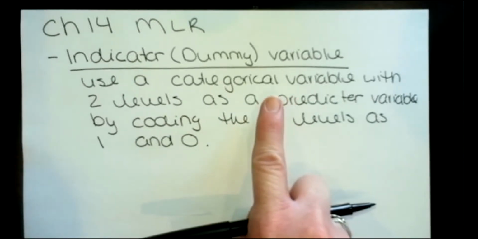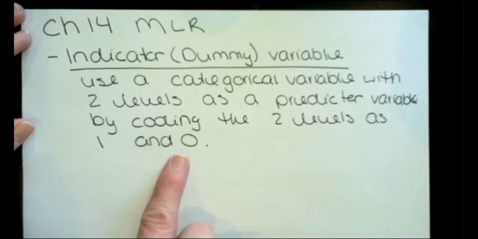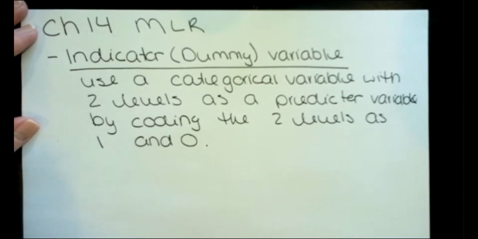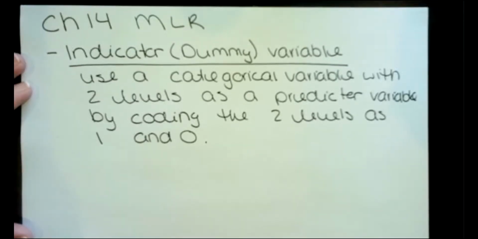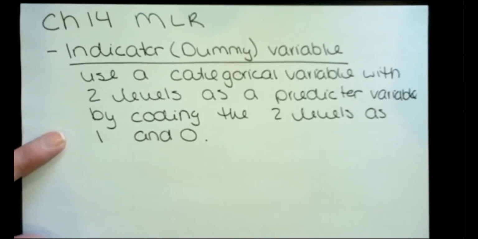It can only have 2 levels, and we're going to code them 1 and 0. So it's a yes, no kind of thing. It could be, as a verbal example, male and female. And that's how we're going to introduce a categorical variable into our linear regression model, okay?